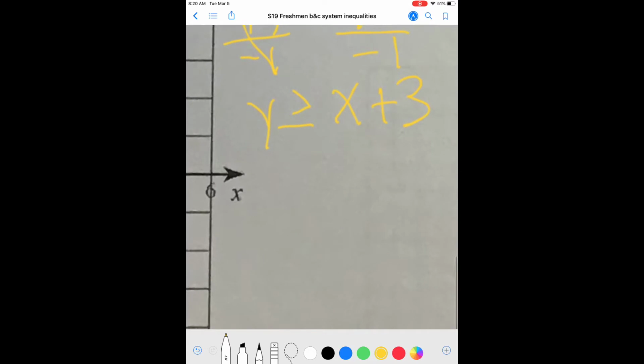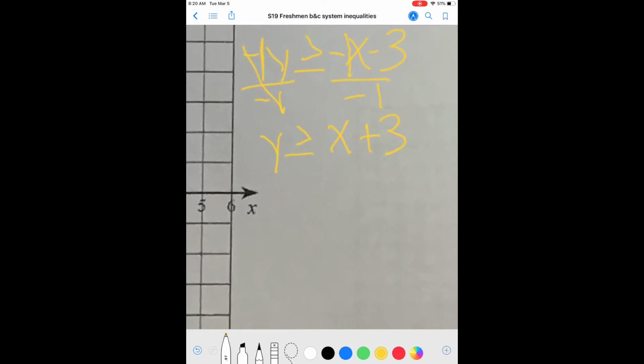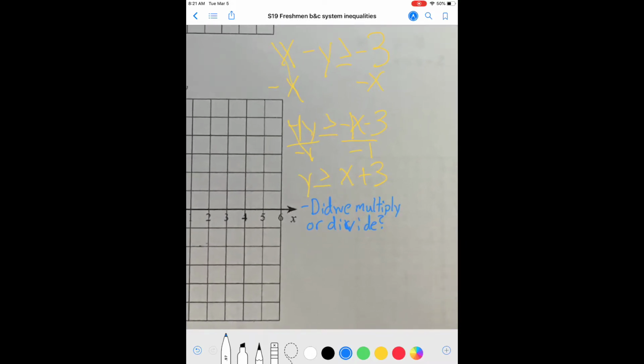So we have to ask ourselves, did we multiply or divide while we were getting y by itself or while we were getting the inequality in slope-intercept form? Yes.